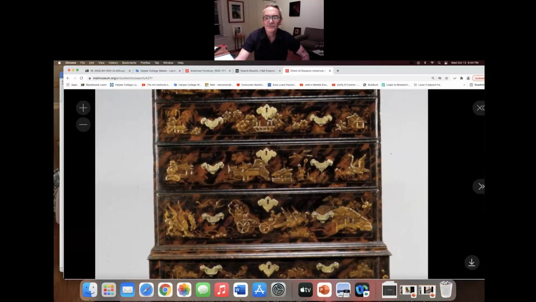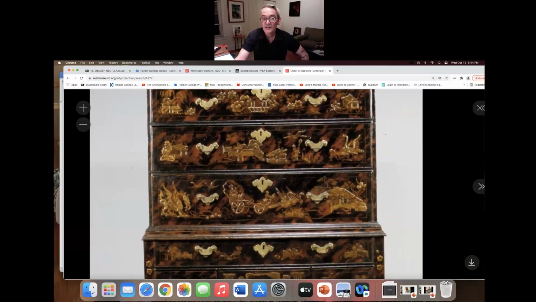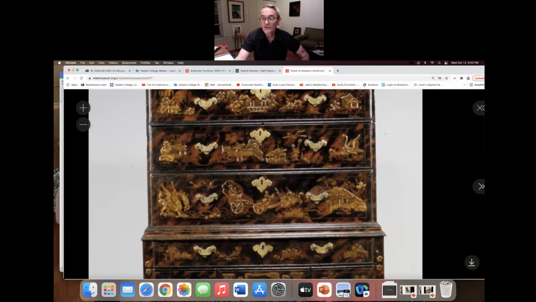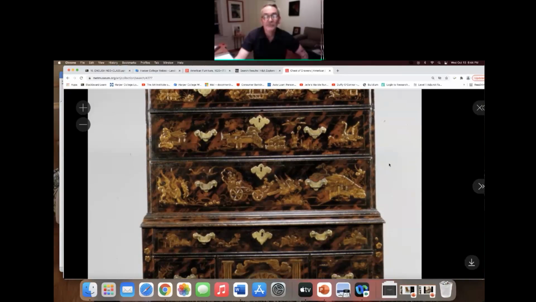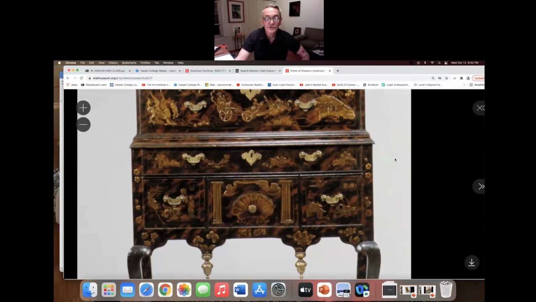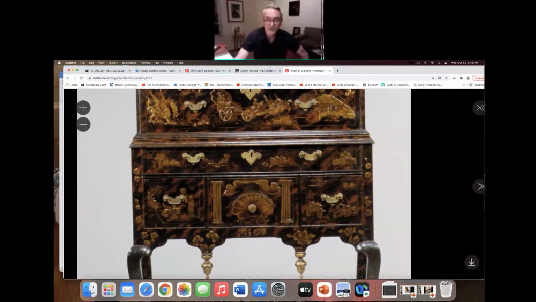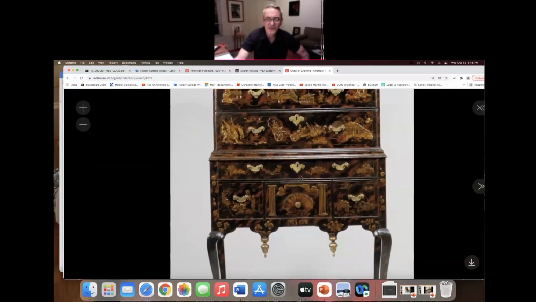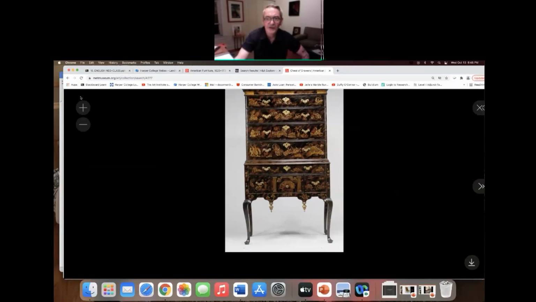But a lot of it was imagery from what they considered to be Chinese or something from Asia or just from the East, because sometimes you find elements of Turkish design or Indian design in what is called chinoiserie. You see here it's still using the shell. So this would have to be a more unusual piece.